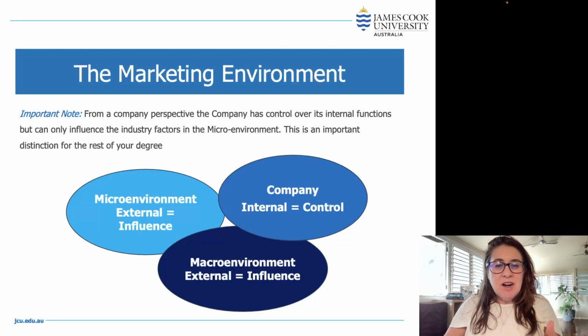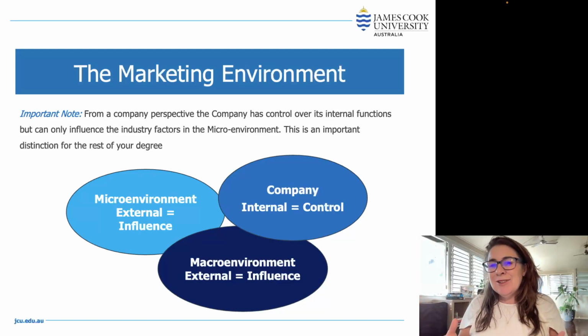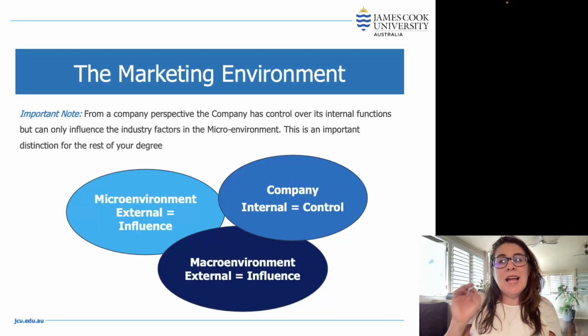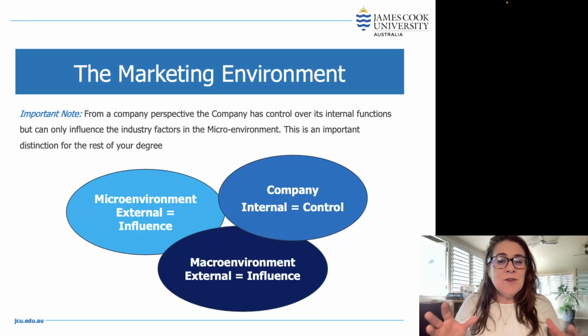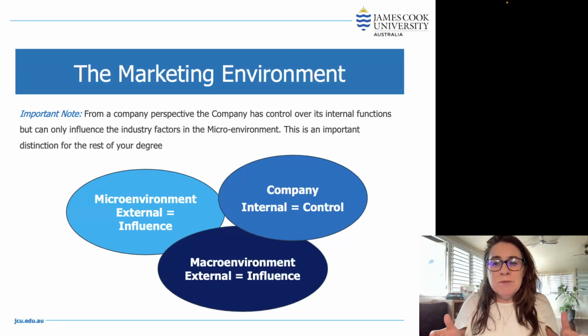But the macro environment, on the other hand, comprises the largest scale societal forces that influence the micro environment. And that includes things such as demographic, economic, natural, technological, political, and cultural forces. So, for example, aging populations, purchasing power, shortages of raw materials, new and changing products, changes in policies and legislation, as well as cultural forces that affect society's basic values, perceptions, preferences and behaviours all impact on that macro environment.